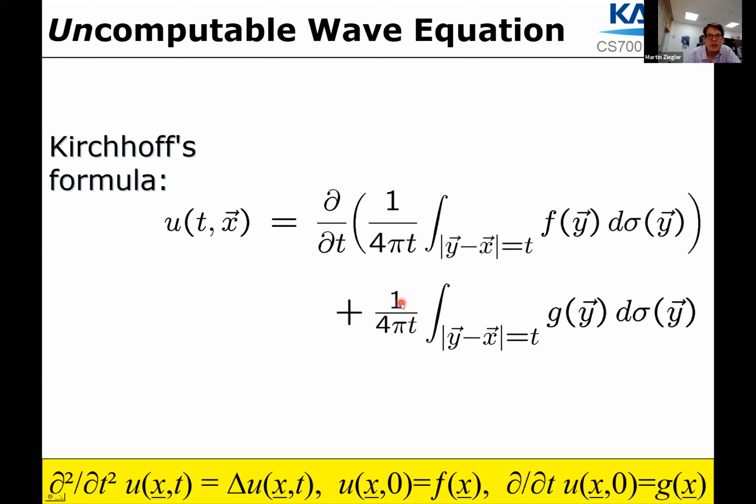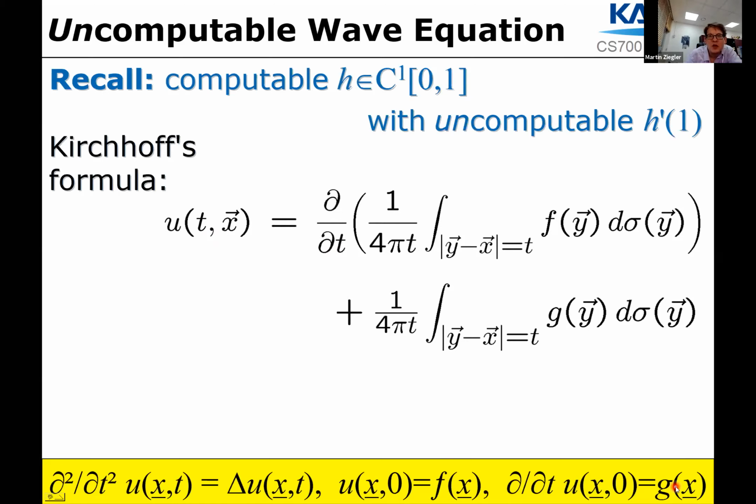And so Pour-El and Richards observed that from this, it follows that there are computable initial conditions, f and g, for which the solution u of t and x is not a computable function, not a computable real number. Their counterexample doesn't even need the initial condition for the first derivative.